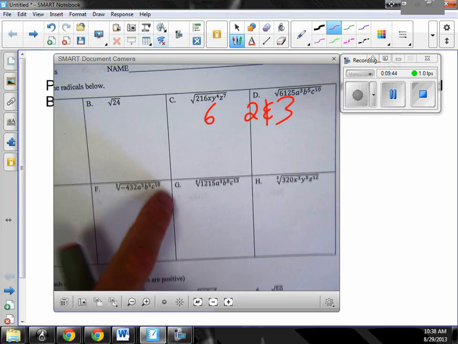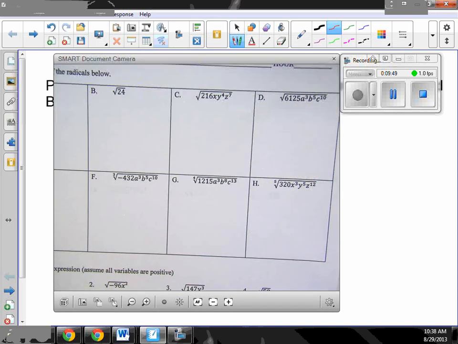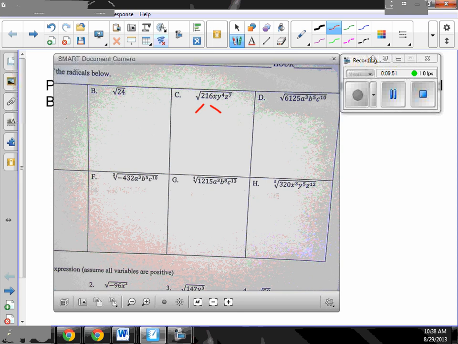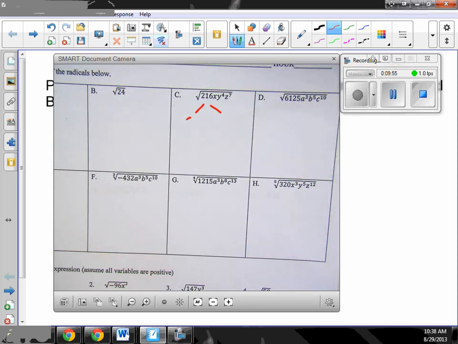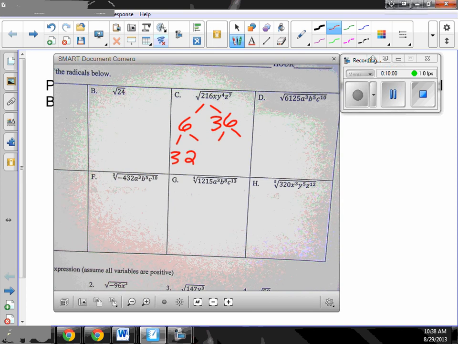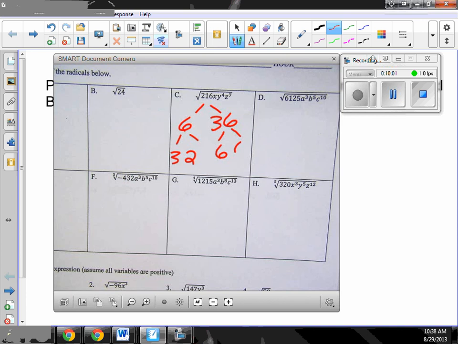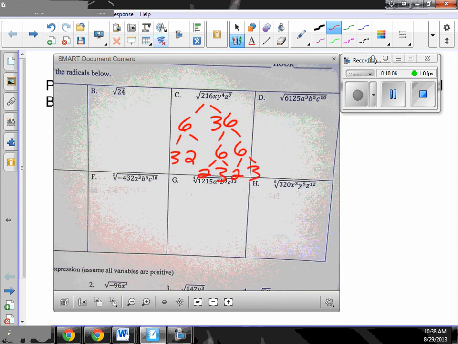So let's finish part C. Part C says 216. I know 6 goes into it because 2 and 3 worked. So 6 and 36. 3 and 2. 6 and 6. 2 and 3. 2 and 3.